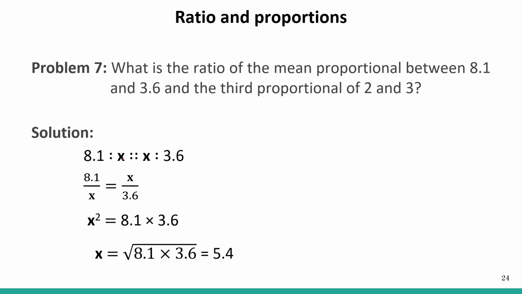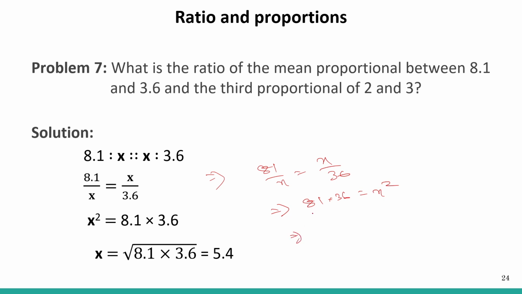So 8.1 is to x as x is to 3.6. So this will become what? 8.1 by x is equal to x by 3.6. So this implies that 81 by x is equal to x by 36. So this implies that 81 into 36 is equal to x square.